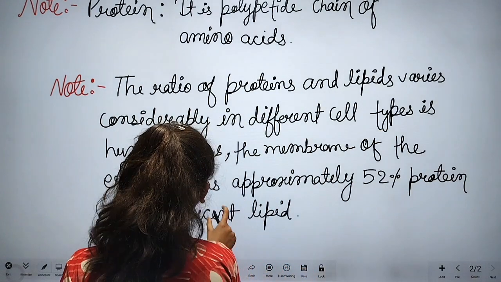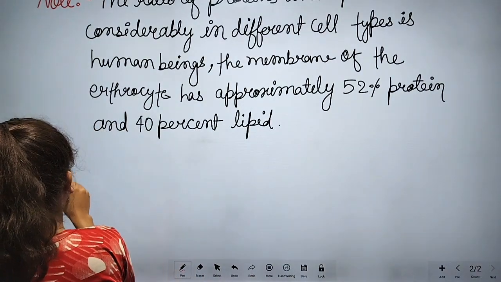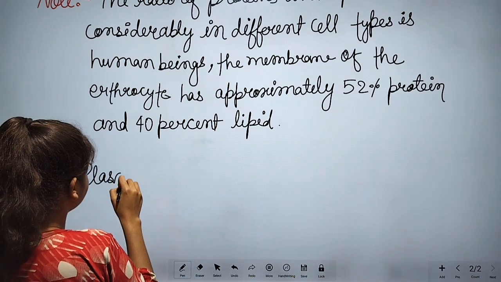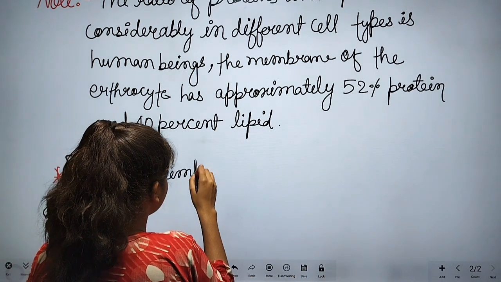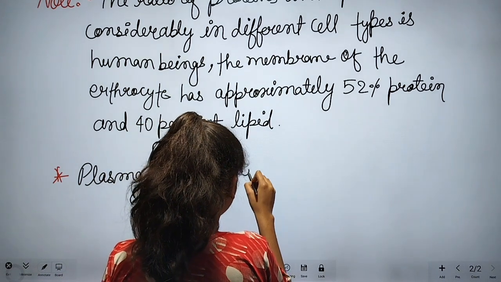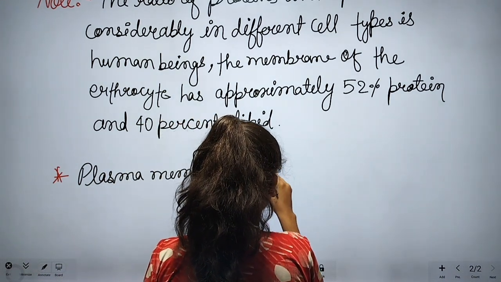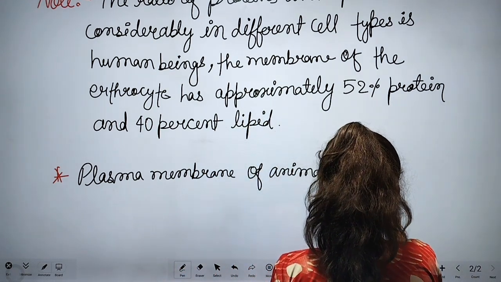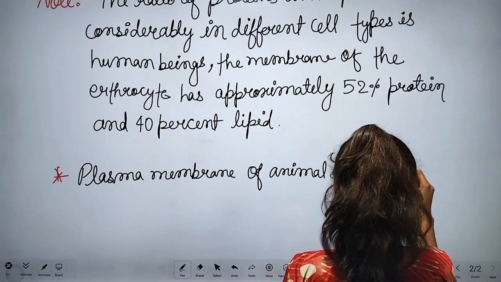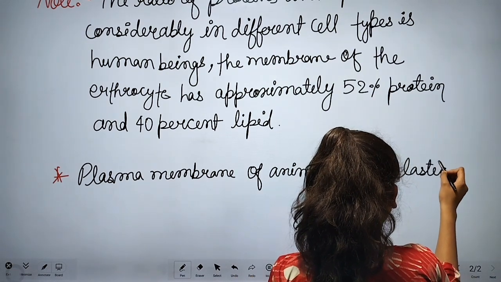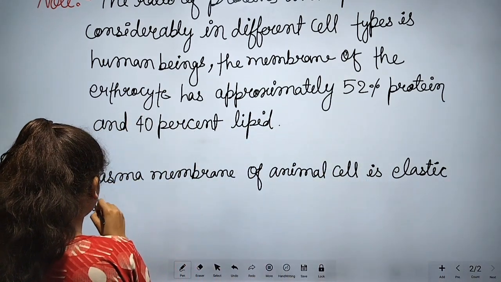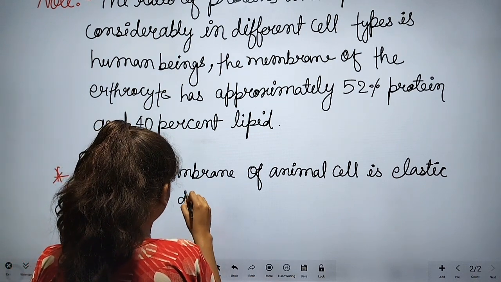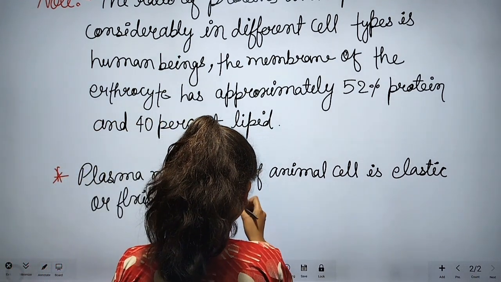Okay, now the last point is that the plasma membrane of an animal cell is elastic or flexible due to what?